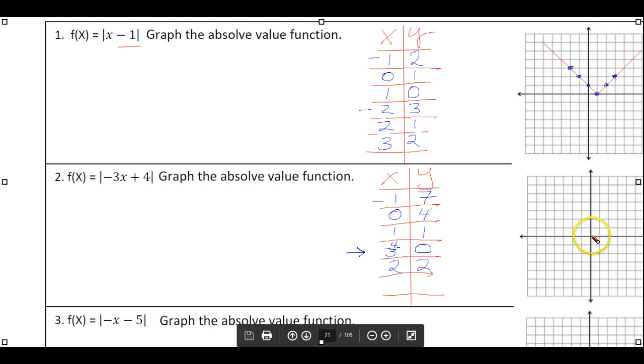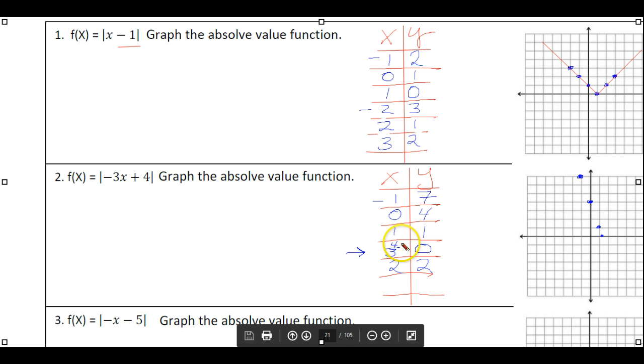So -1, 7, -1, 7, it's way up here. 0, 4, 1, 2, 3, 4 right there. 1, 1. Now, when we plot this, it's just a little bit over this way, right about there.